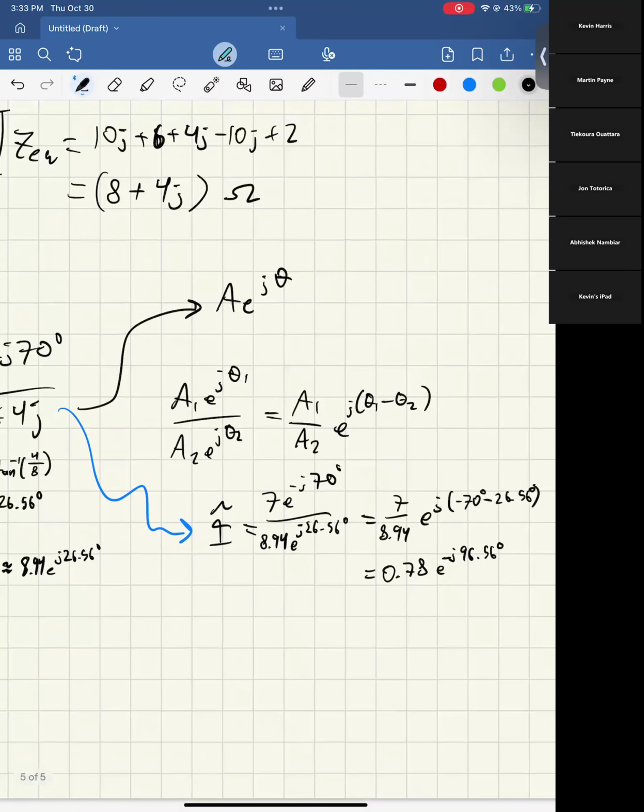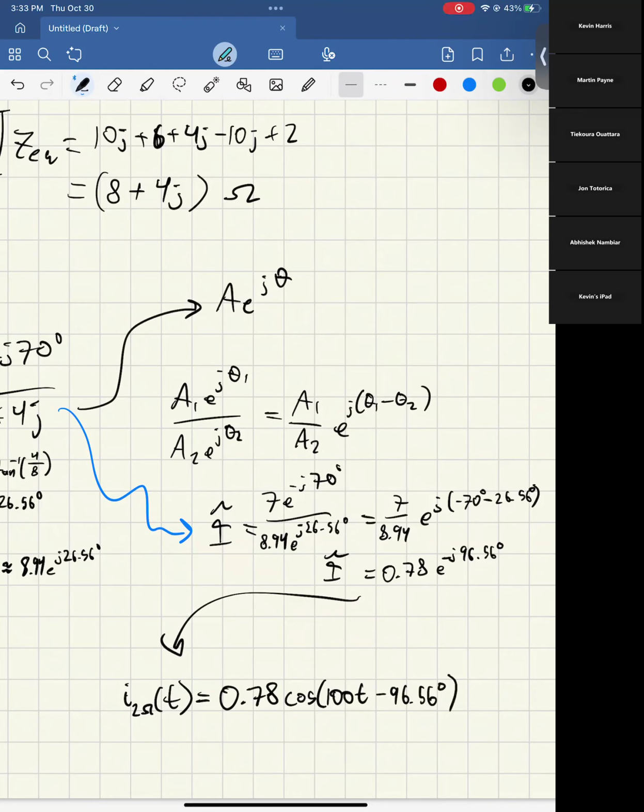So I for the 2 ohm resistor, as a function of t, is going to be 0.78. The amplitude stays the same. Cosine of 100t, because that doesn't change, minus 96.56 degrees. And that there is our final answer. Cool.